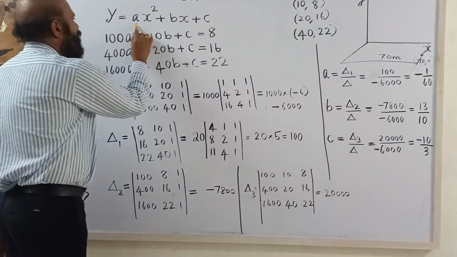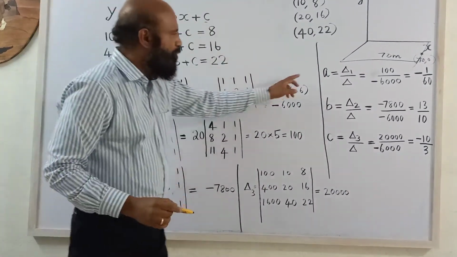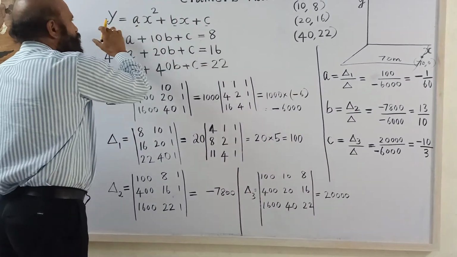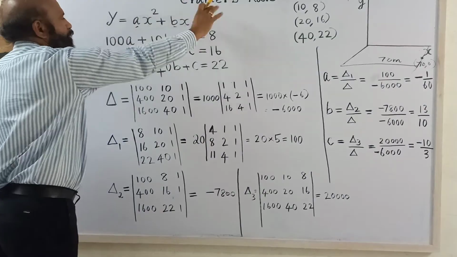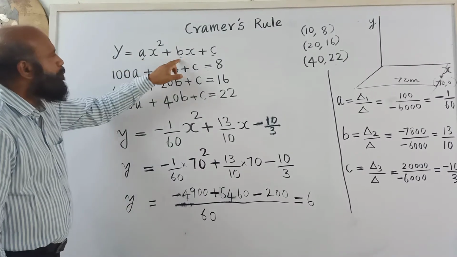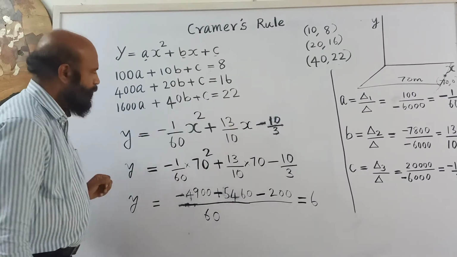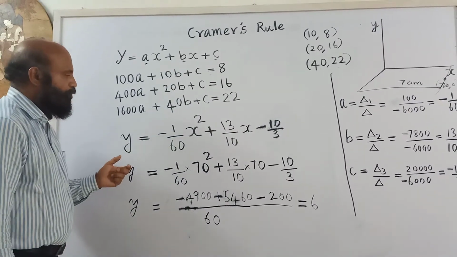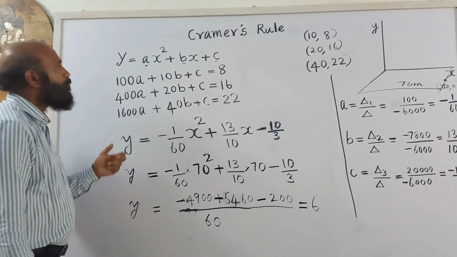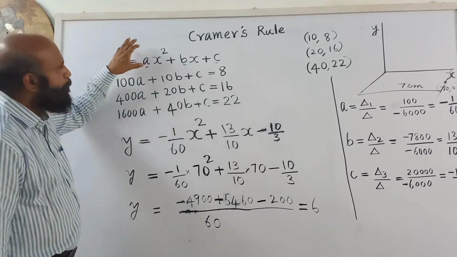Now you have to substitute those values in this expression. Now you substitute for this a, b, c. After substituting for a, b, c, we are getting the equation for the path of the ball.